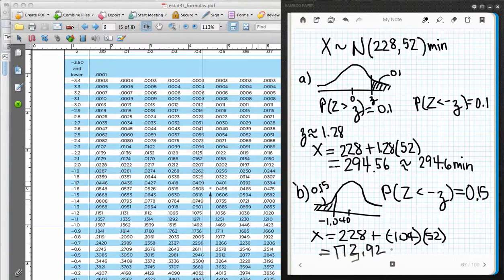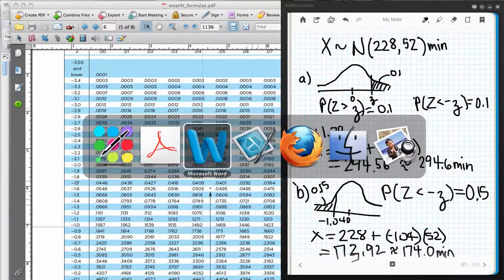So I'm going to go ahead and say that this is 174.0 minutes approximately, so that I don't include more area under there than I meant to. So 174 is approximately that amount of time.